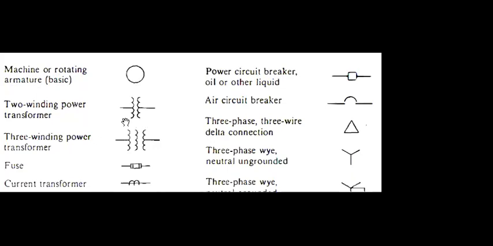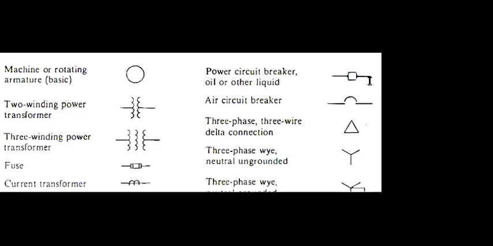You may sometimes have three core transformers also, but the three winding transformer is not the idea for this class. Fuse may be there for protection purpose, and current transformer. These are the different symbolic representations for single line diagram.